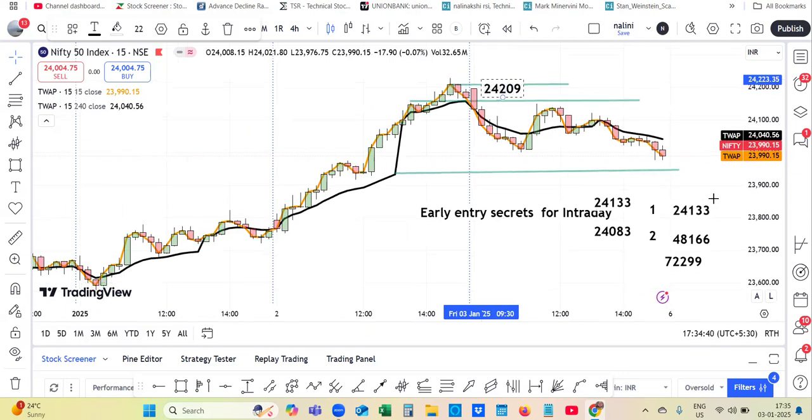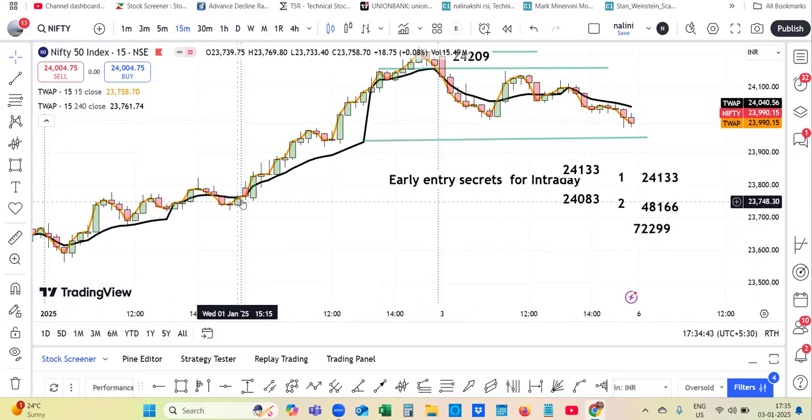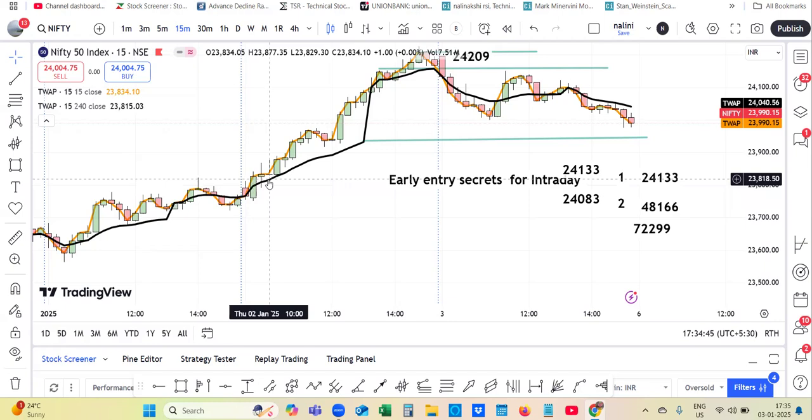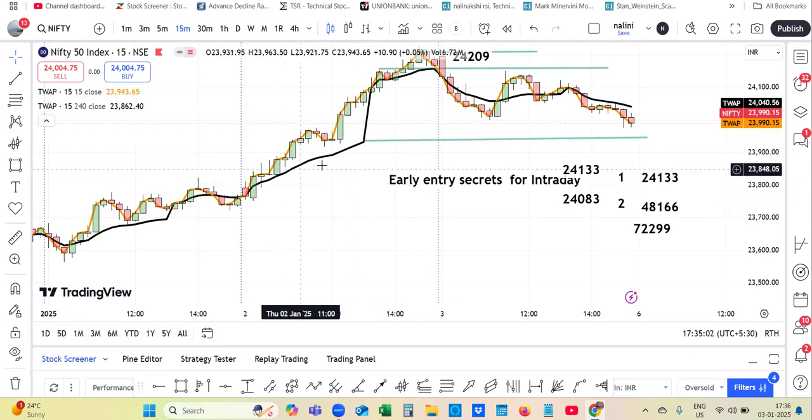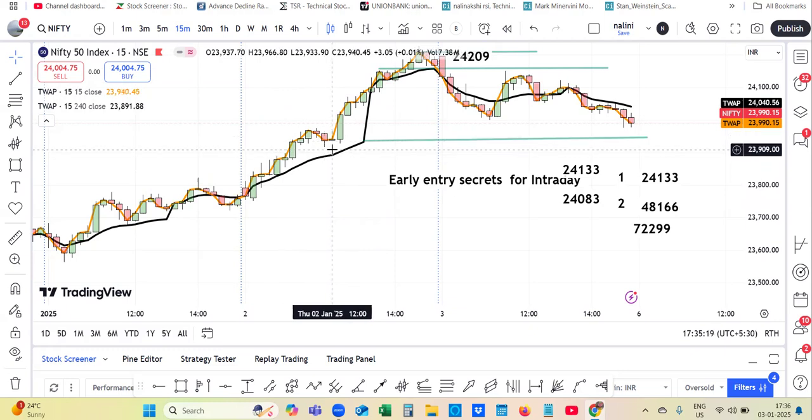If I go back to this previous day, you can see this black line. In the morning itself, this shorter period time-weighted average price is crossing over, and the price is comfortably staying above the hourly, 4-hourly, longer period moving average. So you should not have gone short, because there was no barrier, even though there were intermittent bends in the shorter period time-weighted average price, it is not at all crossing.